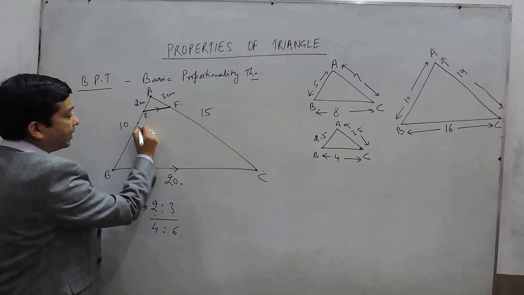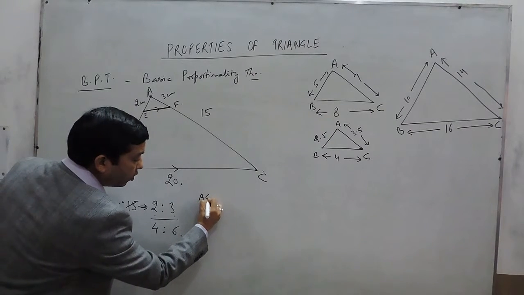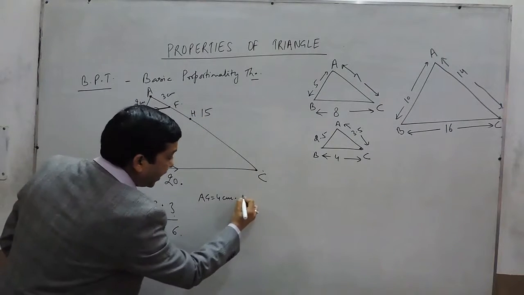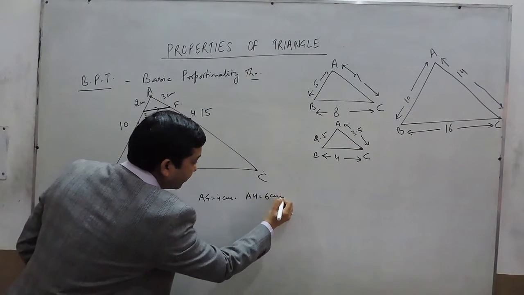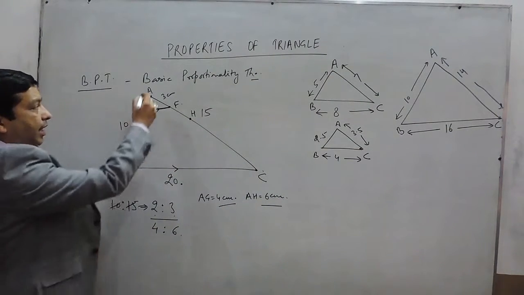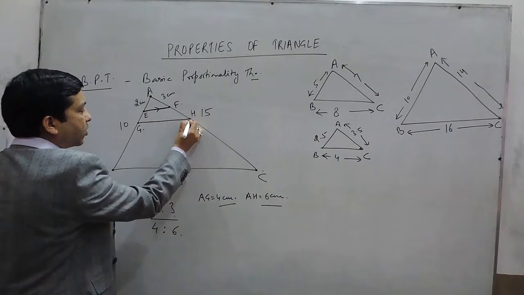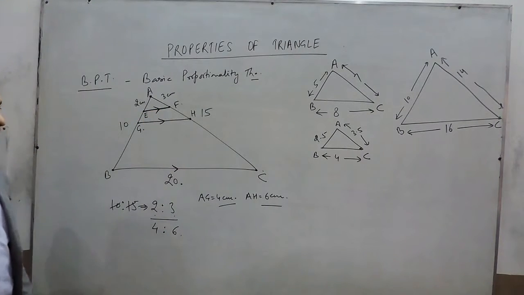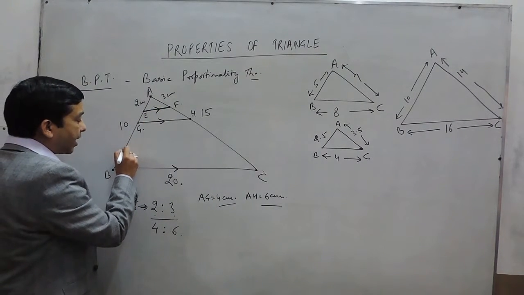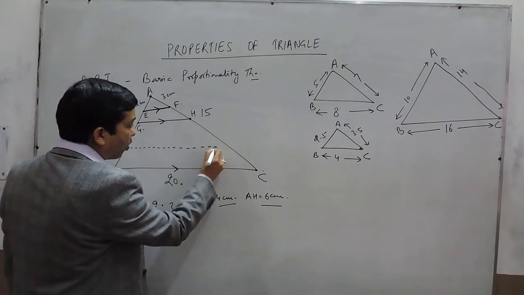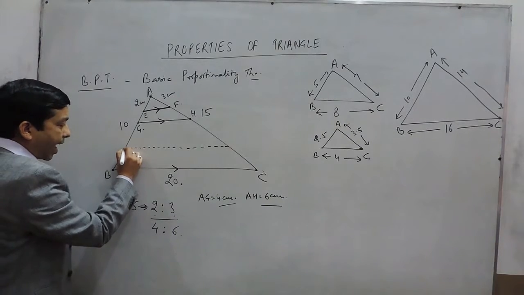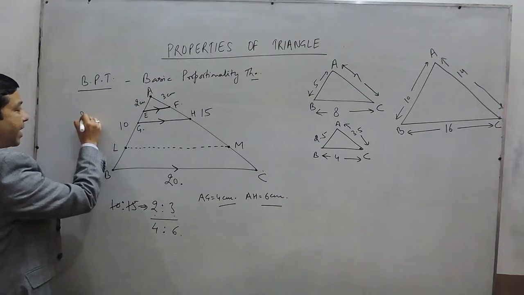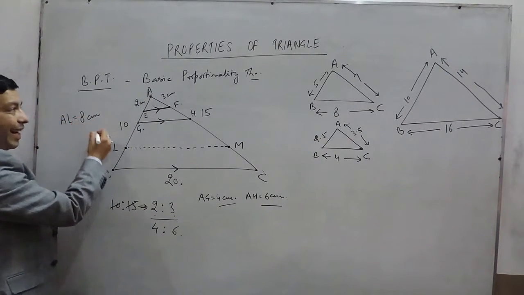So if we take a point G where AG is 4 centimeters and a point H where AH is 6 centimeters, then the ratio of AG and AH is also 2:3, and if we join these two points, this line is also parallel to EF as well as to BC. In the same way, if we make another line with points L and M, where the length of AL is 8 centimeters.